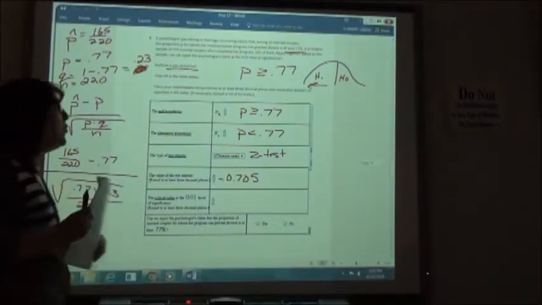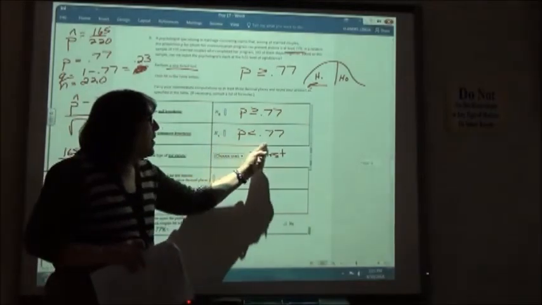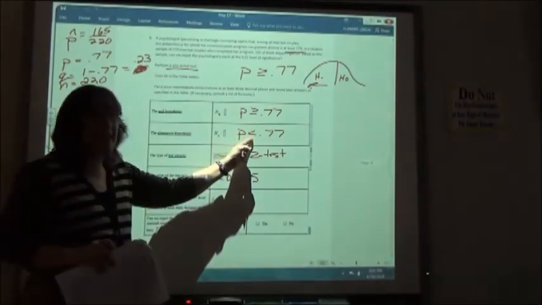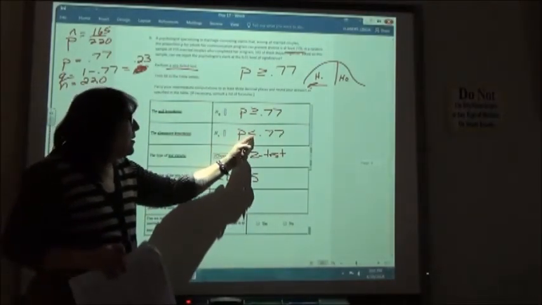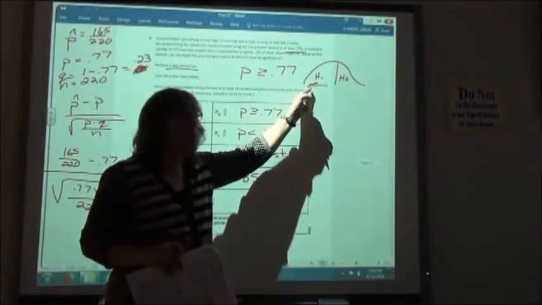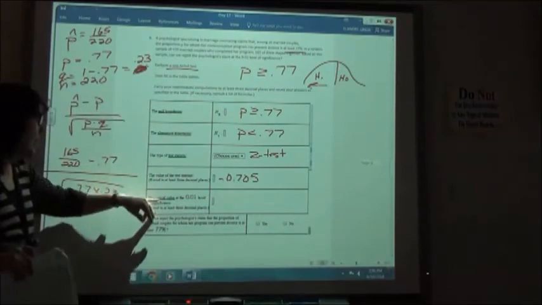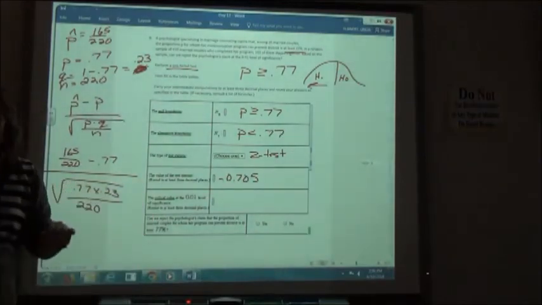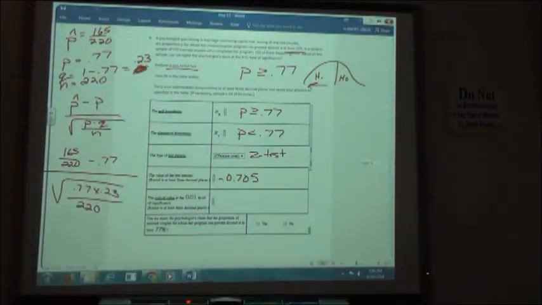So, on this one, the H1 section is the less than, right? So what we're doing is we're checking the left side. We're doing the left-tailed test. This is our critical value. Whenever it asks for the critical value, that's when you do the Z sub. So we're doing Z sub, but we want the answer to be negative because we're doing the left side and not the right side.